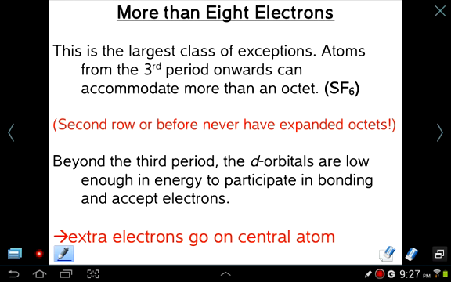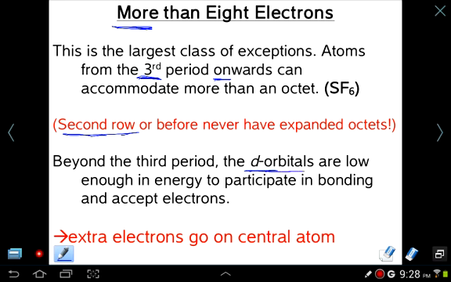And the final exception is when we have more than an octet, more than 8 electrons. So this may sound strange, but indeed atoms can go ahead and bond. It can have more than 8, but atoms from the 3rd period and on. And this is so because the second row elements do not have d orbitals.